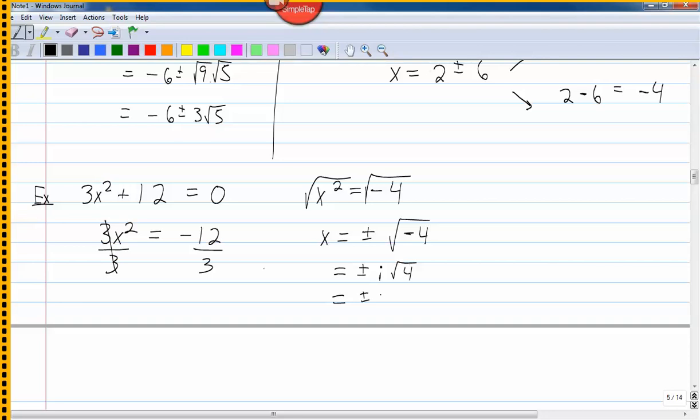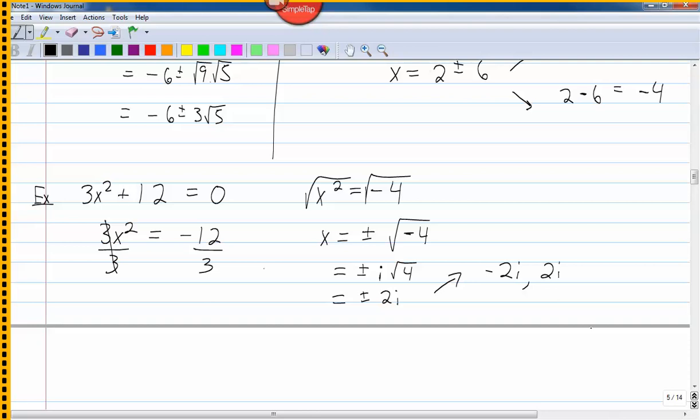So this is plus or minus 2i. So that means my two answers are negative 2i and positive 2i. That's plus or minus 2i. So you can get imaginary answers with the square root property. Now you can't get imaginary answers when factoring, like we've been factoring, but you can get imaginary numbers with the square root property.